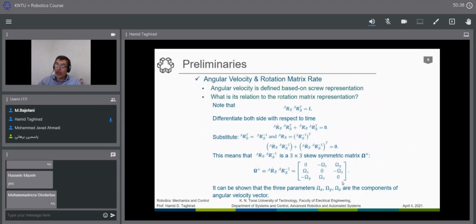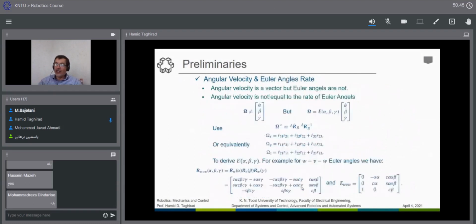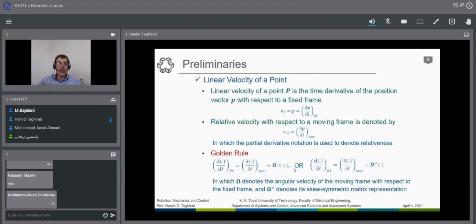If you just multiply that with the vector px, py, pz, it will give you the cross multiplication here. You can also check that after the class to see if this is right or not. So we can write a vector rotation or a matrix rotation. And in robotics, we prefer matrix rotation since we use the rotation matrix as a simple manipulation matrix.